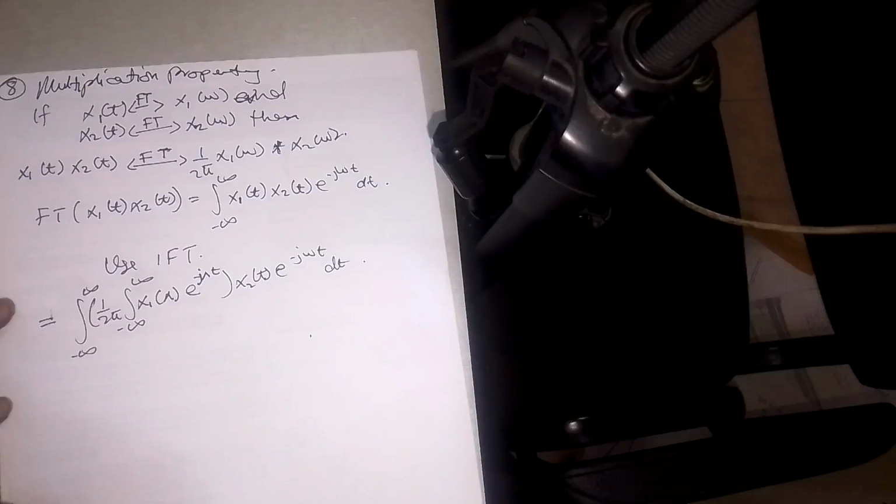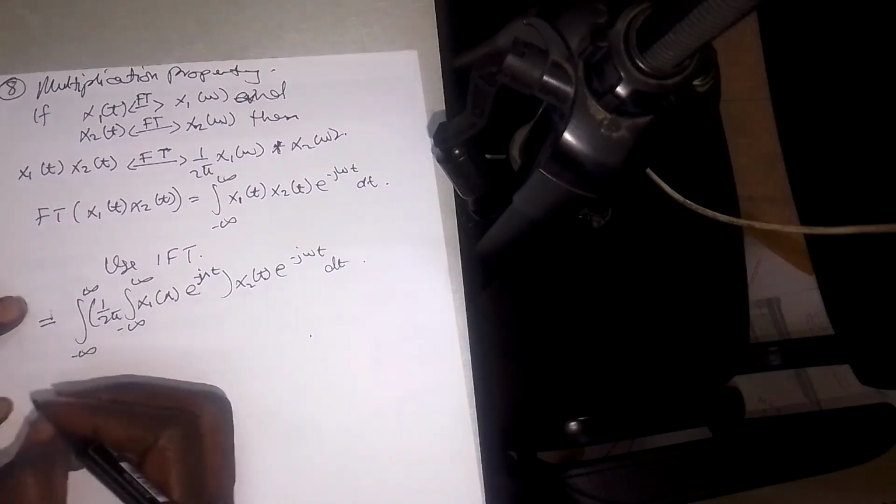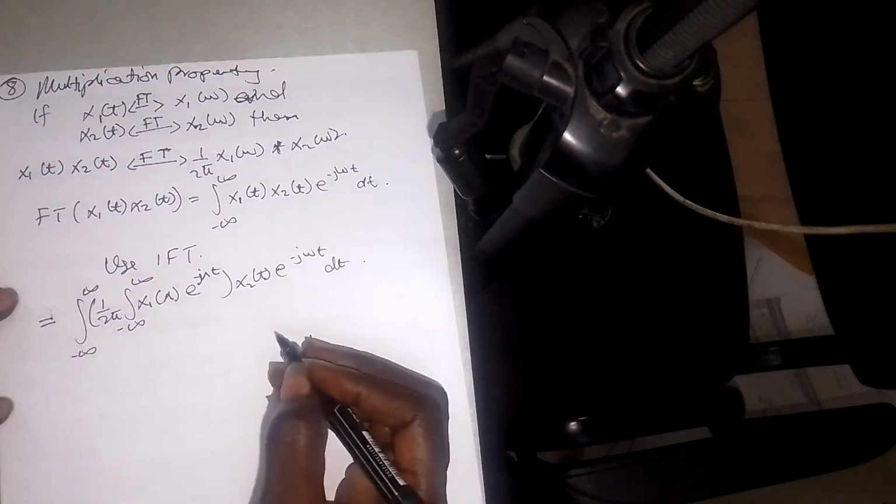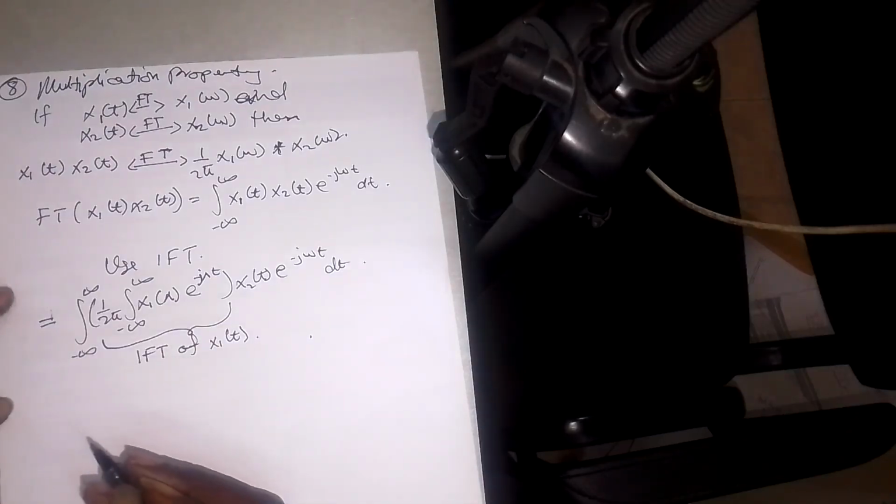From here up to here is the inverse Fourier transform of X1 of t, which is the same as X1 of t. So instead of writing X1 of t, I can write the inverse Fourier transform for it, and it's the same.